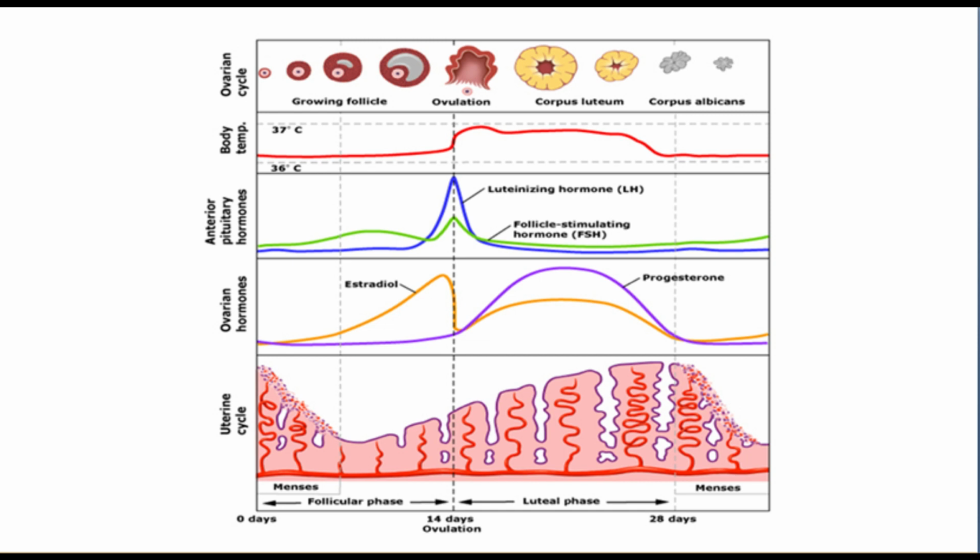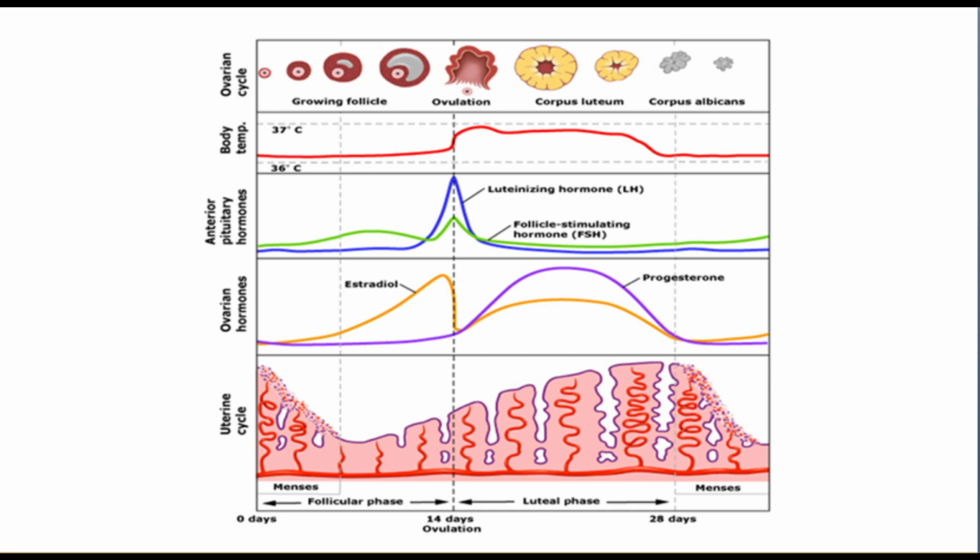Okay, as for the ovarian cycle, you can see at the top here, this is the developing of the follicle. This is the developing follicle, the small one, and it will become bigger as the days increase. And the last one will be the mature follicle.